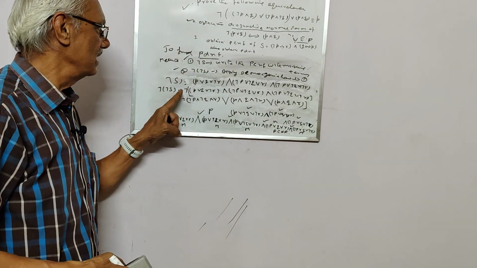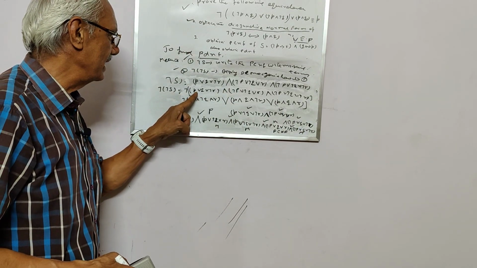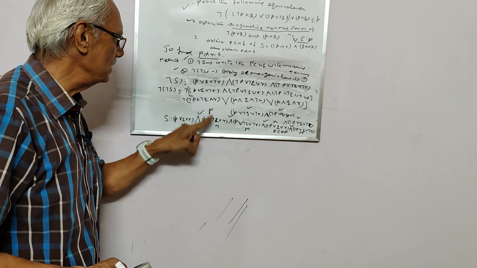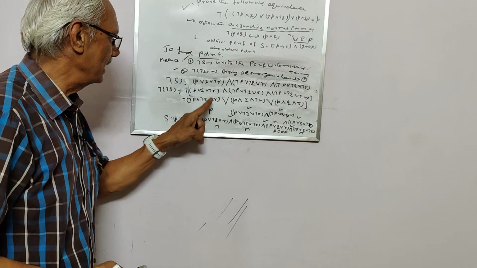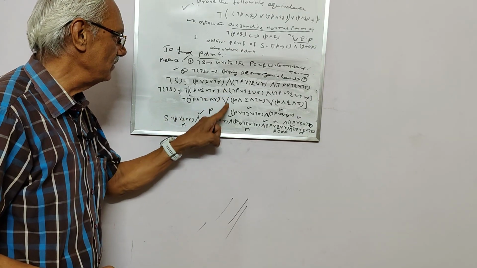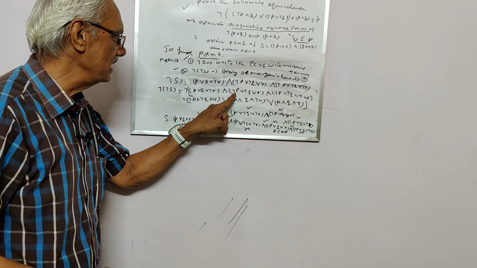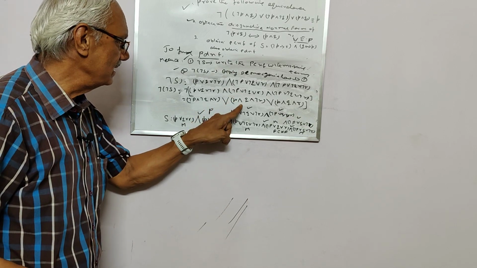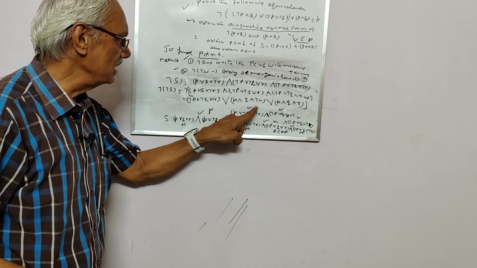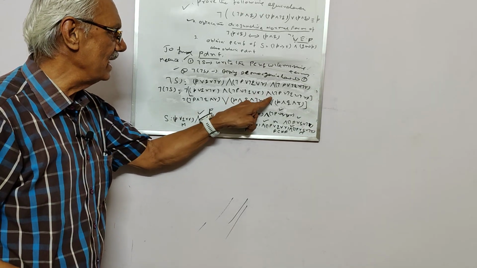I have taken this negation inside, negation P. This will become conjunction. This will become conjunction. This is negation Q. This is negation R. Negation of R is R. Then this conjunction will become disjunction, and negation of P is P. Then it is conjunction. Negation of Q is Q, and this is conjunction. Negation of negation is R.